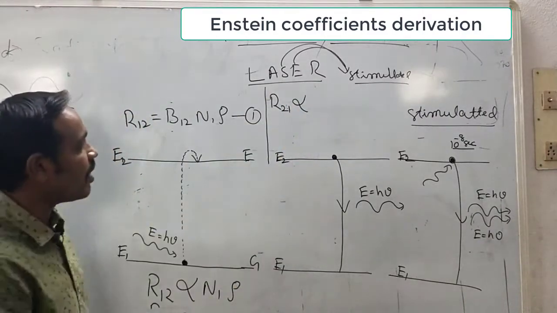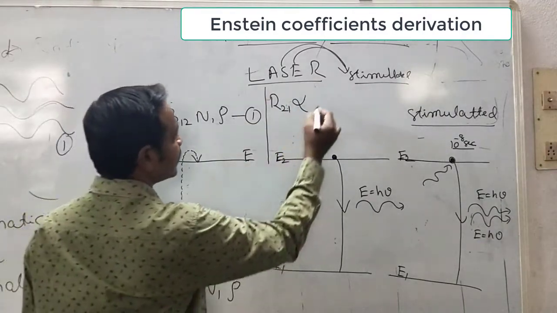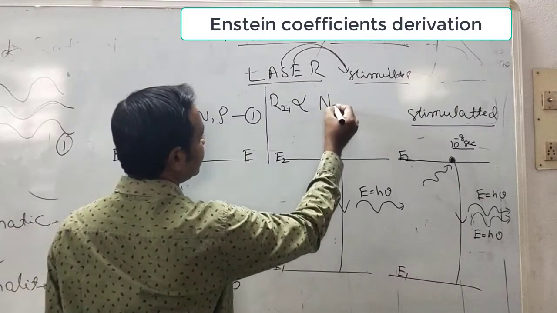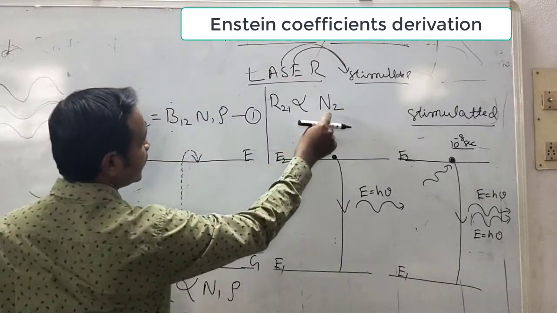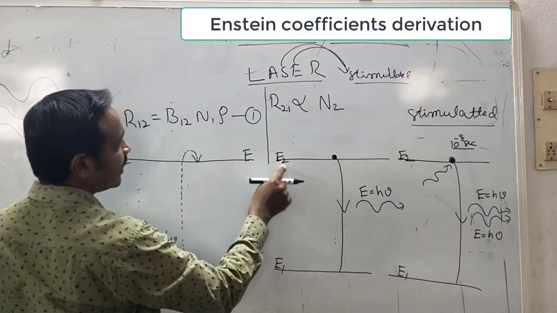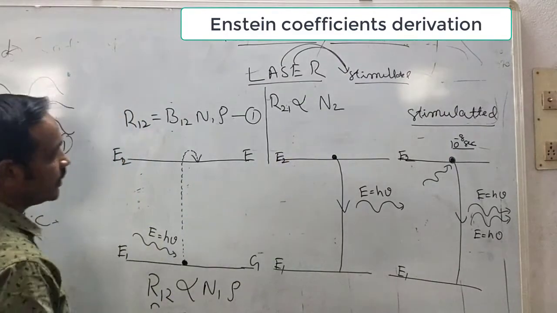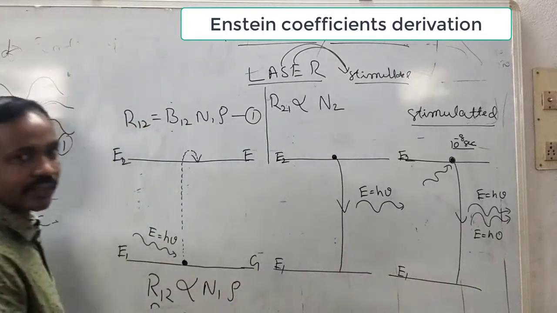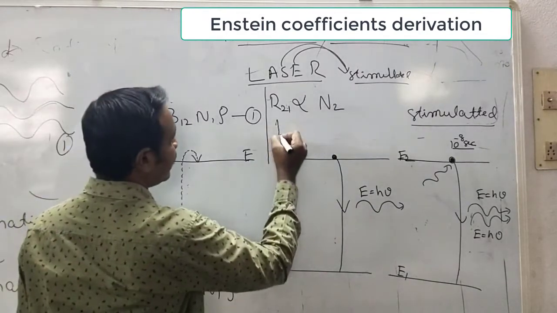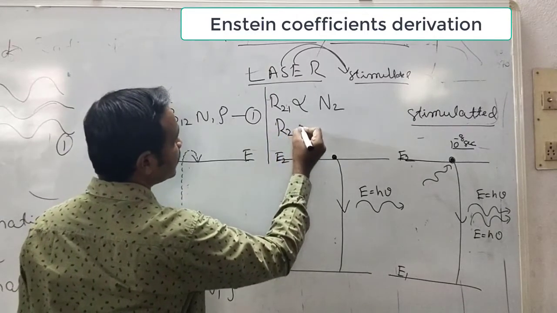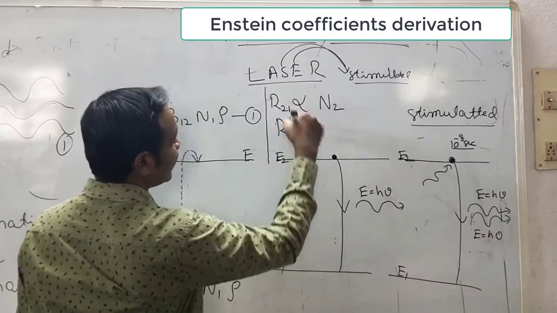It depends on the number of electrons at the excited state, where n indicates number, so here E2, the second level, which I have called 2. There are no incident photons, that's why I am not writing rho. So R21 is equal to some constant times N2.